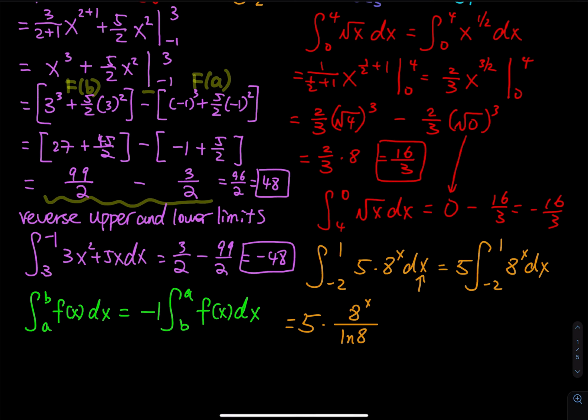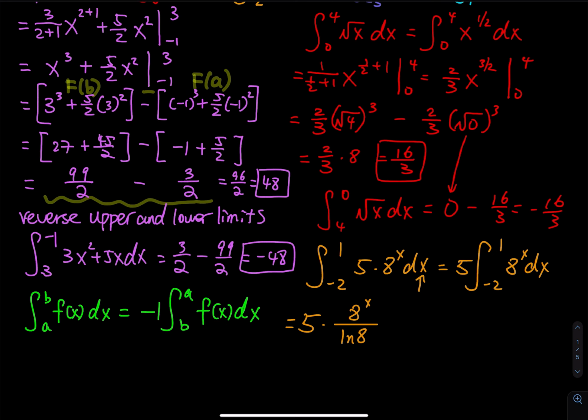ln a. The base has to be greater than 0. So you have the same thing divided by ln of the base. If that is 10 to the x, then this will be 10 raised to the x power divided by ln 10. If that is 20 raised to the x power, then this is 20 raised to the x power divided by ln 20.